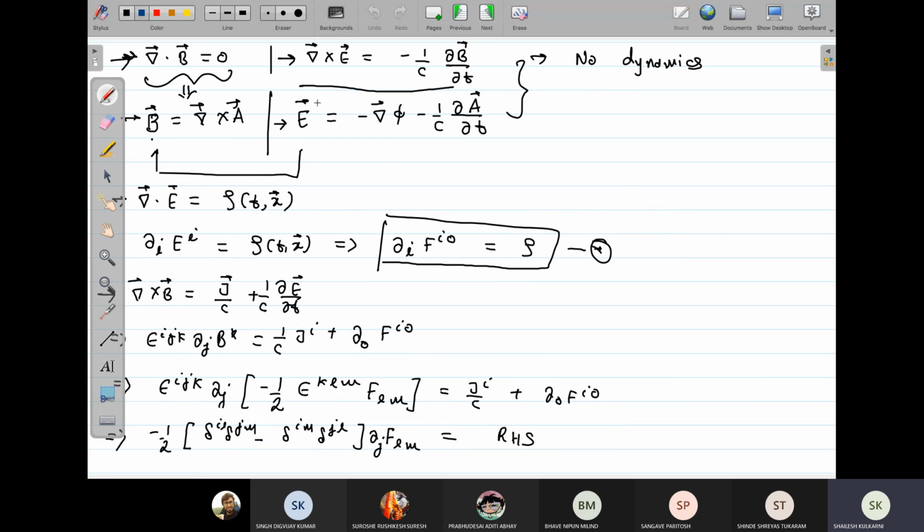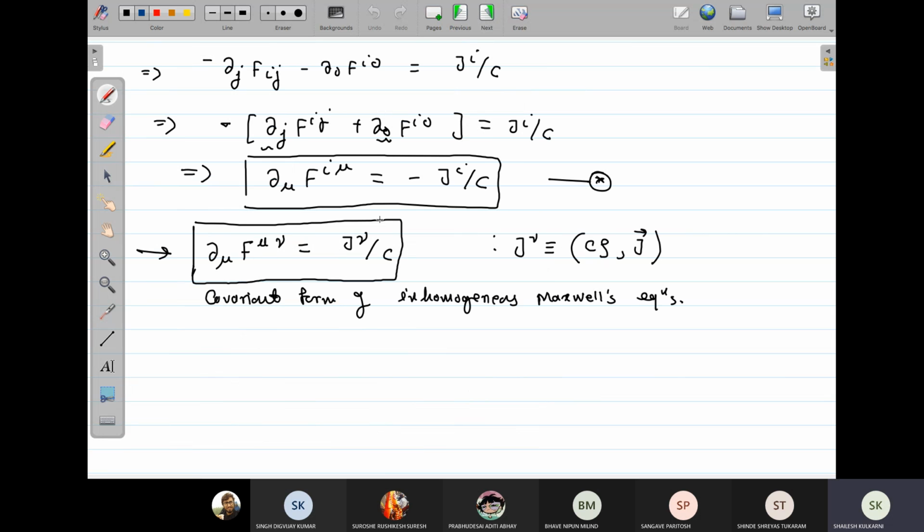Consider first the inhomogeneous equations, del dot E equal to rho and del cross B equal to this. We showed that in terms of F mu nu, the field strength tensor, the inhomogeneous Maxwell equation becomes this, where J nu is the 4-current vector.